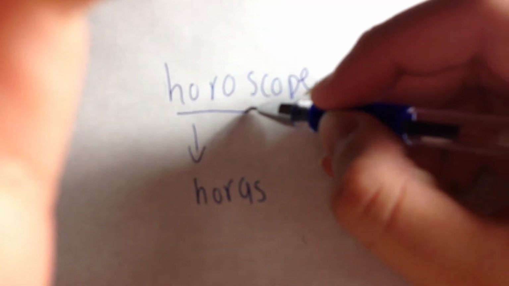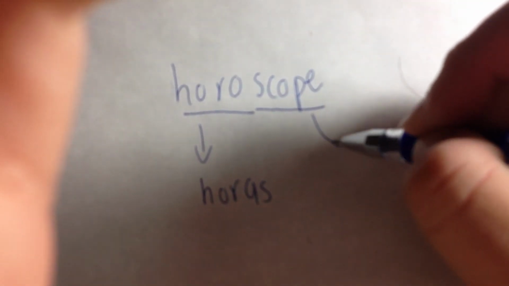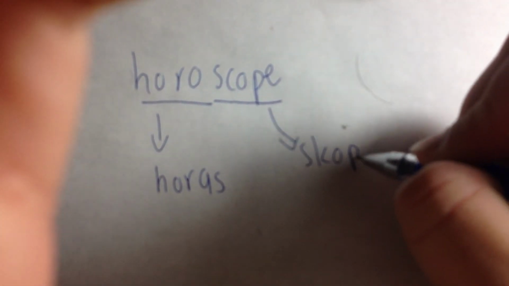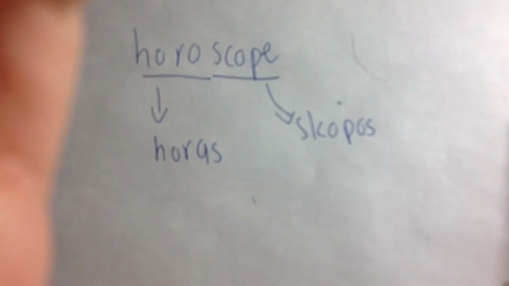So this root scope is derived from the word scopos, meaning observe. Therefore, we can infer that horoscope denotes an observance that is related to time. This terminology is modified gradually, and eventually we acquire the modern definition of horoscope nowadays.